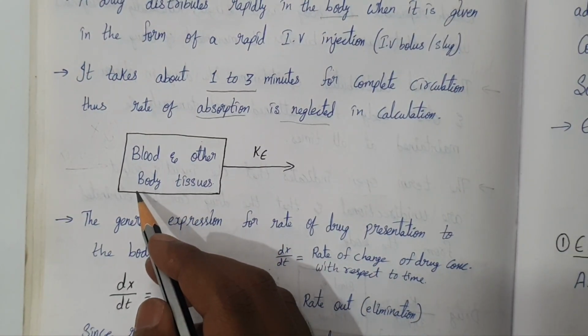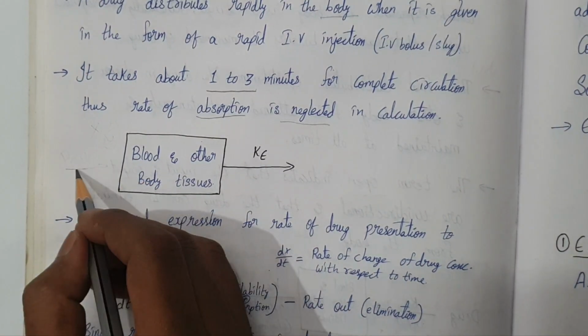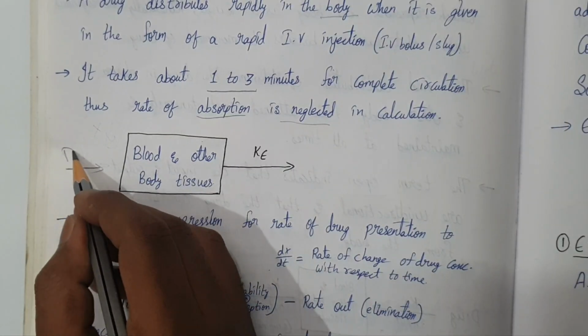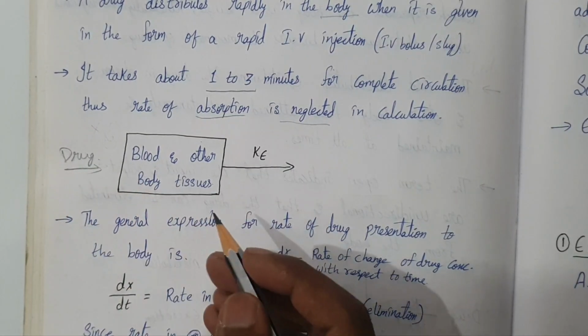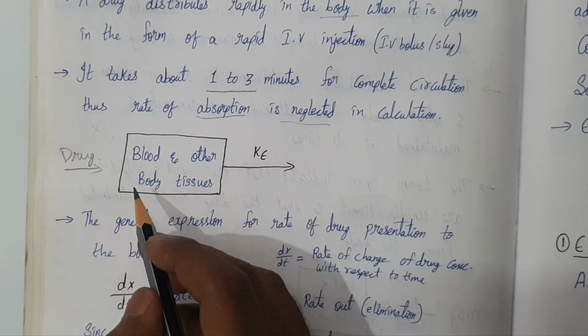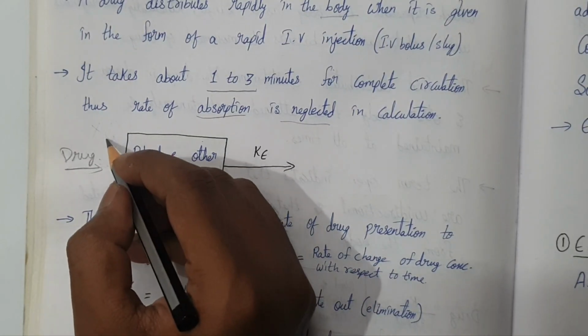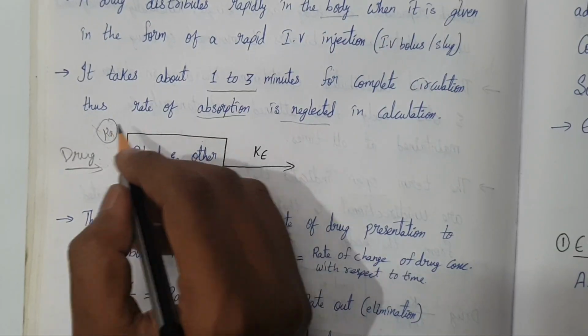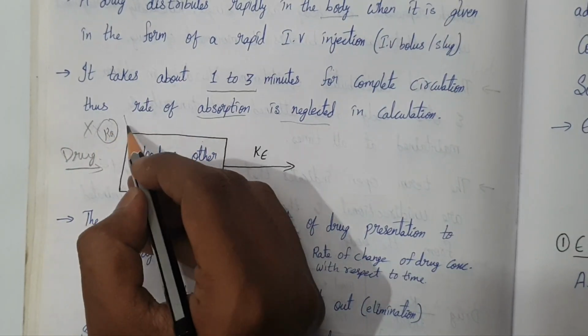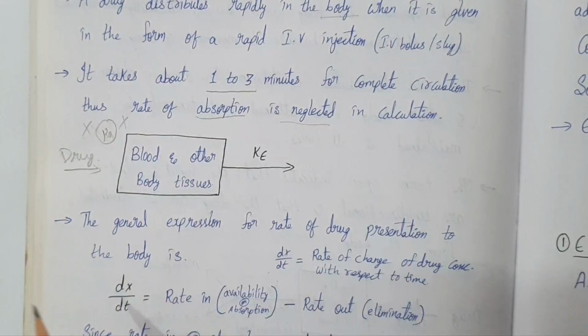As you can see in the diagram, our drug is directly injected into the vein, so it gets into the body. Will absorption be there or not? No, there is no absorption because it is IV bolus.